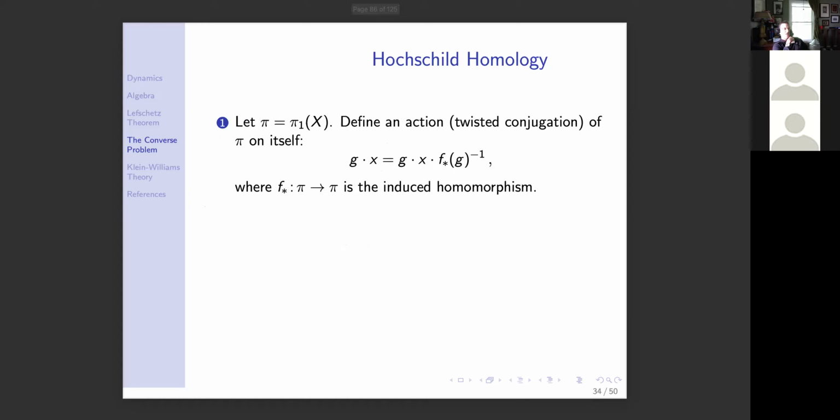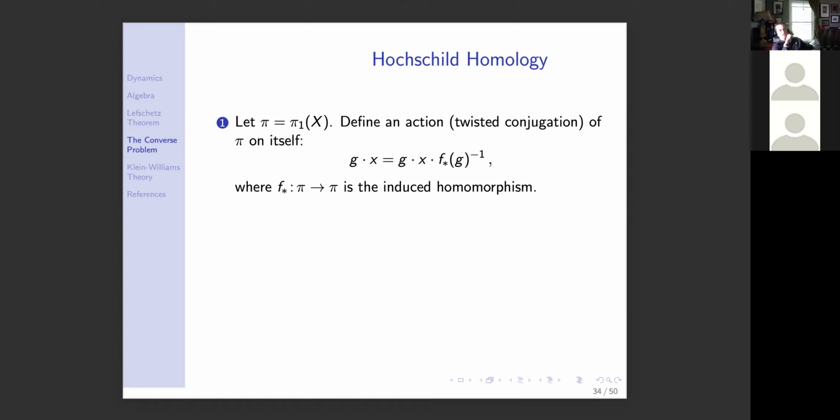Okay, so I want to talk a little bit about Hochschild homology, but Hochschild homology for dummies. So let's look at the fundamental group of our space. I'm assuming you know what that is. And let's define an action called twisted conjugation of pi on itself. It's given by sort of conjugation. We define g times x in the following way.